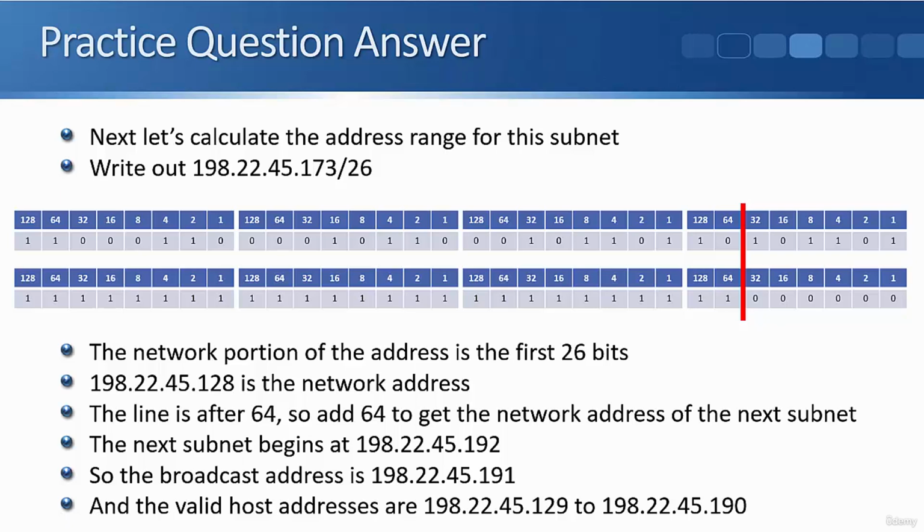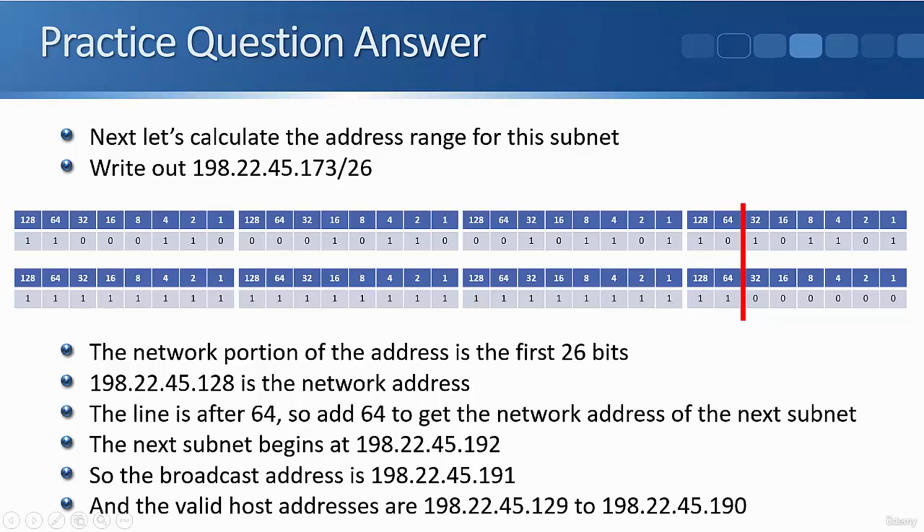So that would be if we had a 1 in all of the host bits. So that would be a 1 on the 32 up to the 1. And if we add up 32 plus 16 plus 8 plus 4 plus 2 plus 1. Okay, that's 32 plus 16 is 48, plus 8 is 56, plus 4 is 60, plus 2, 62, plus 1 is 63.